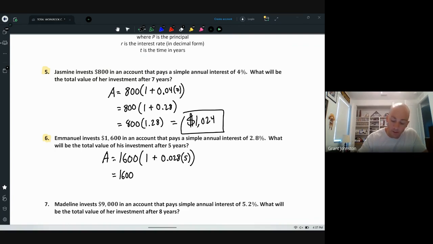It's going to be 1 plus 0.028 times 5 is 0.14. So I have 1,600 times 1.14, which would be, I got to retype that. Hold on. 1600 times 1.14. I got $1,824.